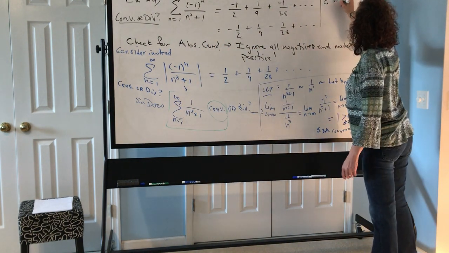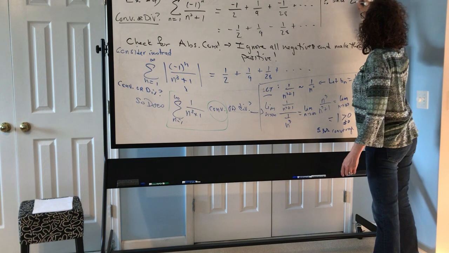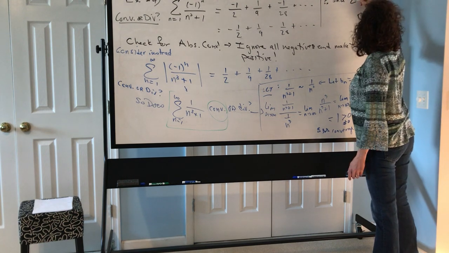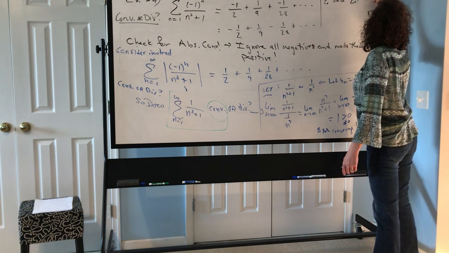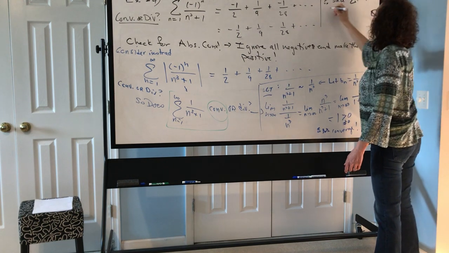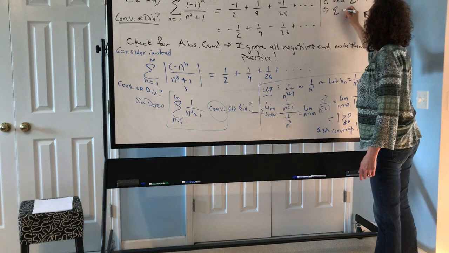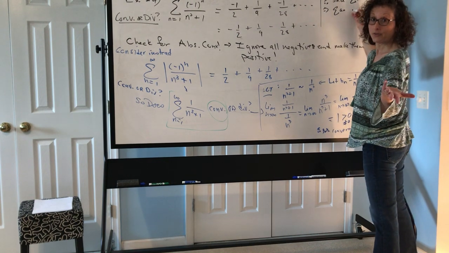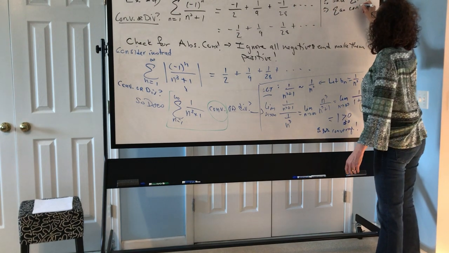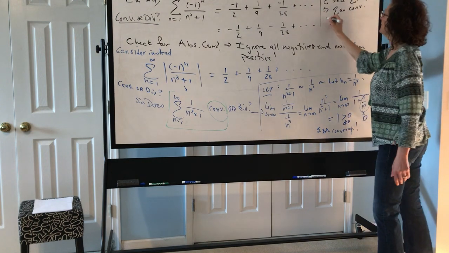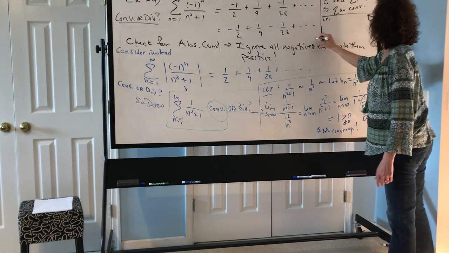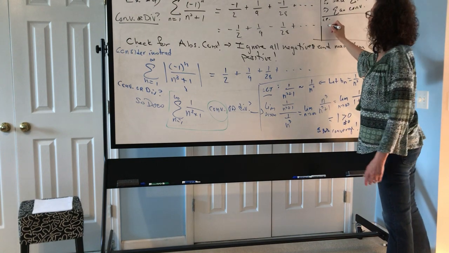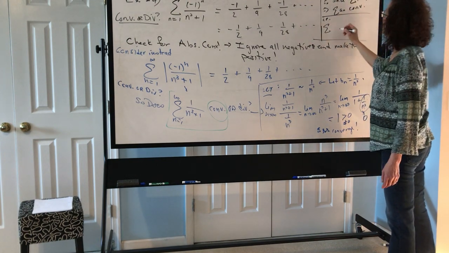Therefore, since the series of absolute values converges, our series converges, right? We're using our theorem we just proved. Or what do we say? Much shorter, which is what we're going to be saying: our series converges.